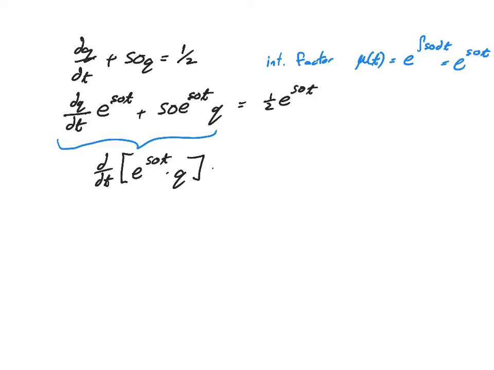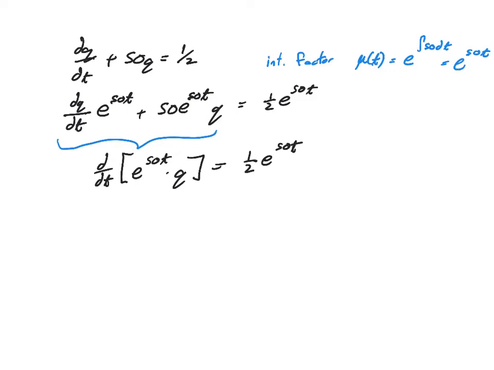Again, please check this, at least in your head. You would say the first times the derivative of the second, okay, that's there, plus the second times the derivative of the first, okay, that's there. Now, that's going to equal 1/2 e^(50t).